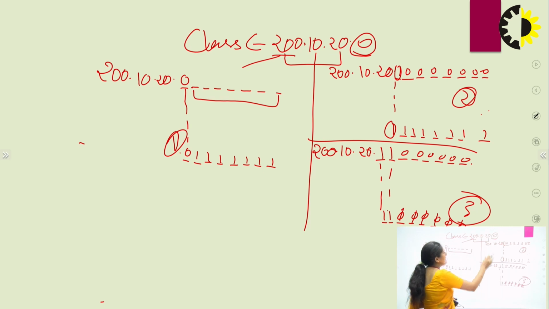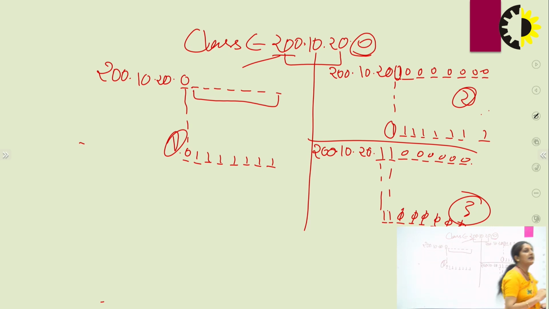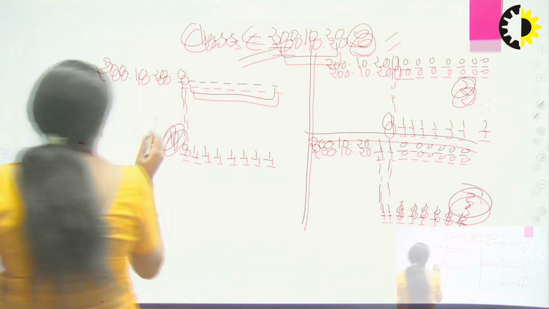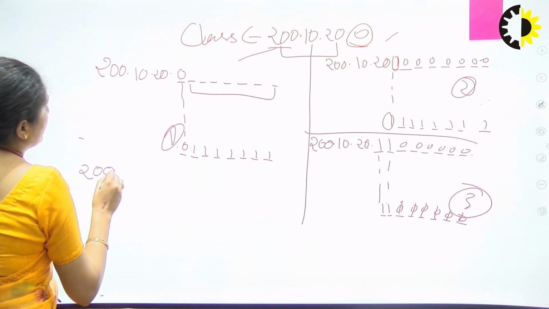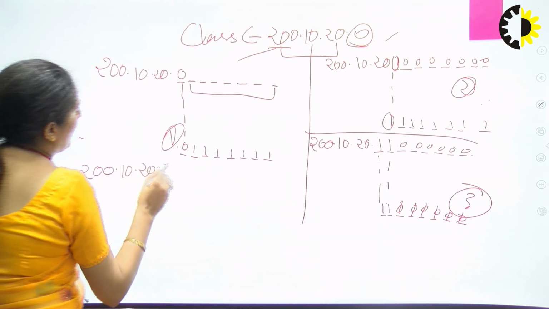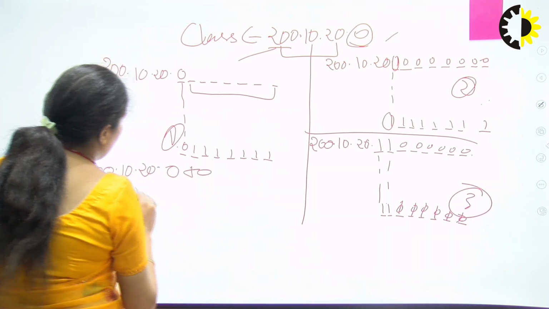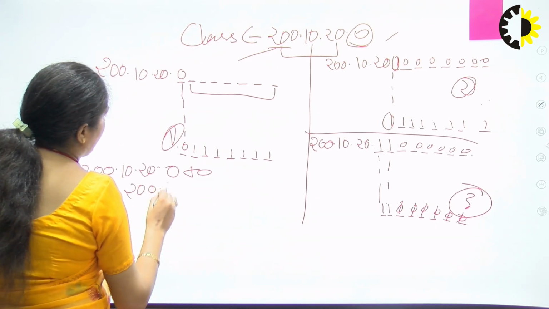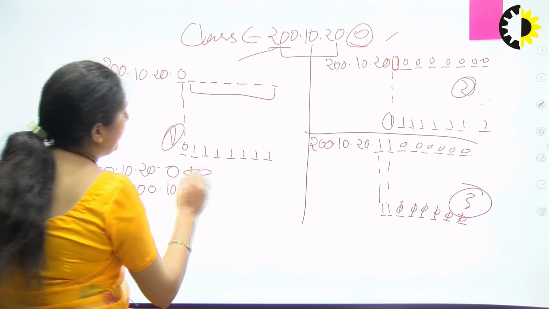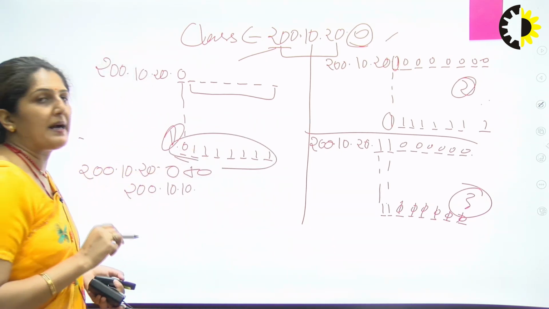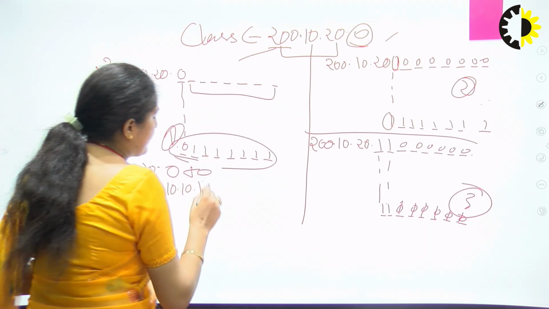So like this we can divide any IP address into several parts. It can be divided into 2 parts, 3 parts, or 5 parts. So what is the range of this? From 200.10.20.0 to 200.10.20.127, if we convert the binary to decimal, we get 127.